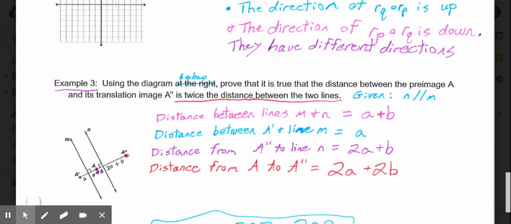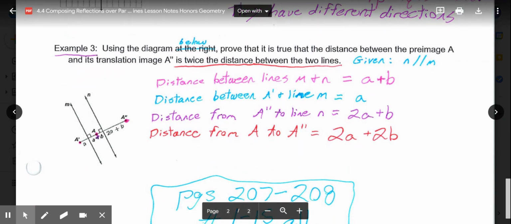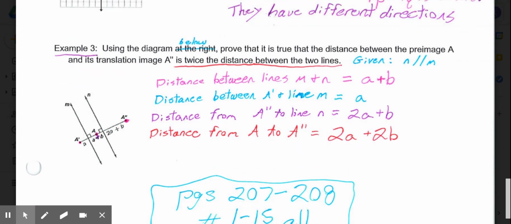And then in 3, we're using the diagram here. It says, prove that it's true that the distance between the pre-image A and its translation image A double prime is twice the distance between the two lines. And we were given the idea that N and M are parallel to each other.